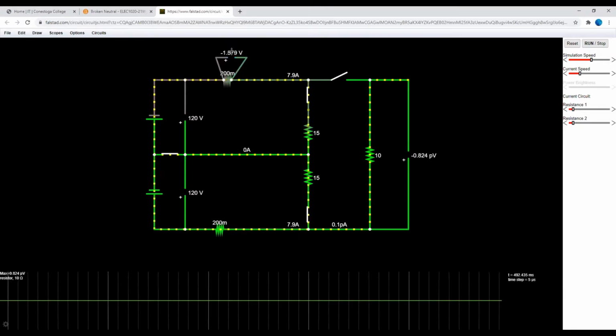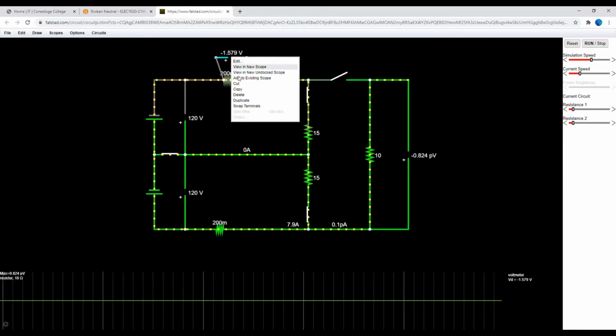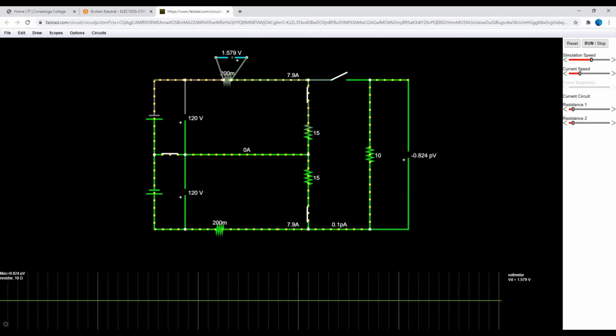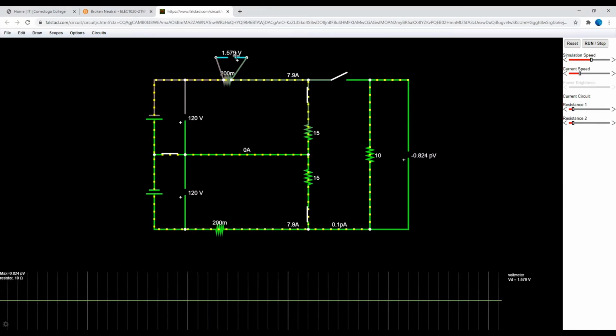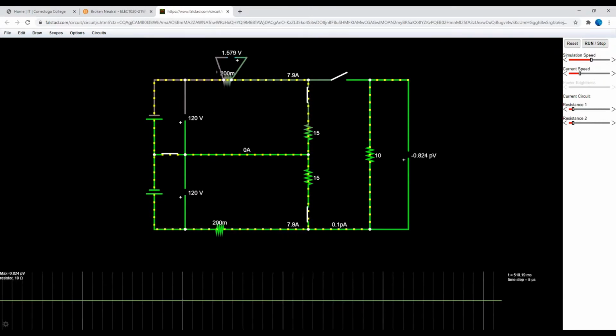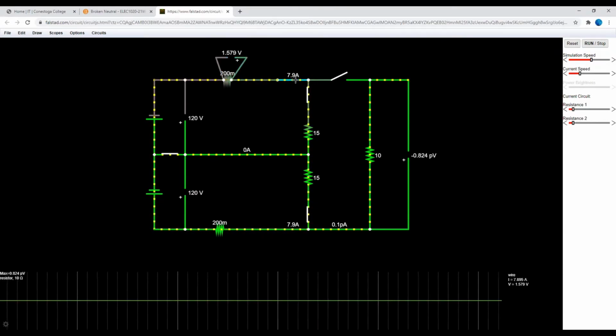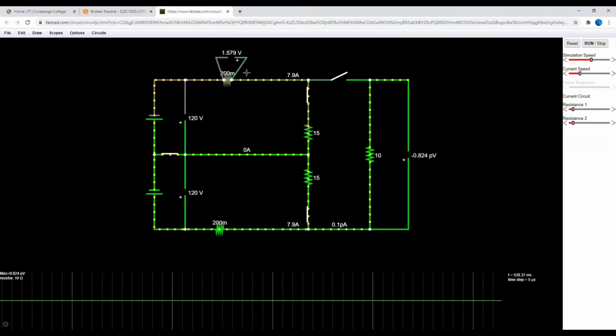So the amount of voltage drop through this component is equal to 1.558, we could say, volts. So that's the voltage drop through this length of the wire.